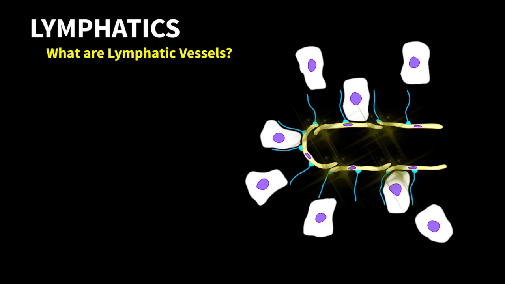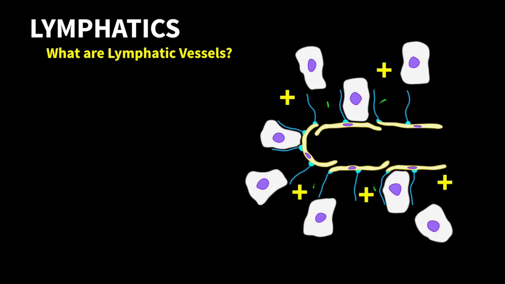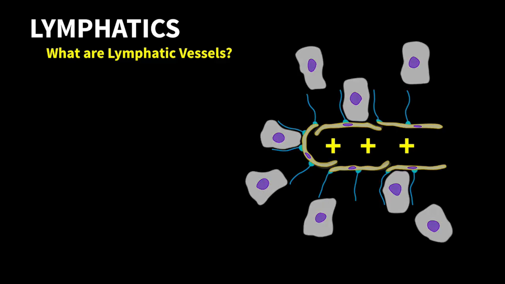Adjacent endothelial cells of the lymphatic capillary wall overlap each other. When pressure is greater in the interstitial fluid than in the lymph capillary, the overlapping cells separate to easily allow interstitial fluid to enter the lymphatic capillary. When pressure is greater inside the lymphatic capillary, the cells adhere more closely, and lymph cannot escape back into the interstitial fluid.